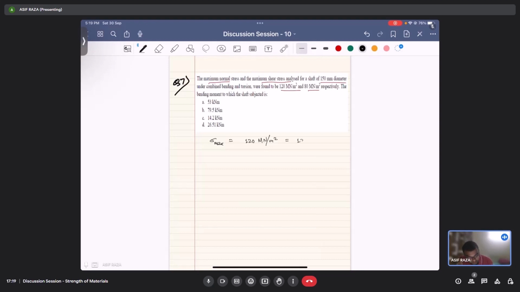So 120 Newton per mm square. And tau max is given as 80 meganewton per meter square. That would be equal to 80 Newton per mm square. And the diameter of the shaft is given as 150 mm. We need to find what is the bending moment applied to this system.